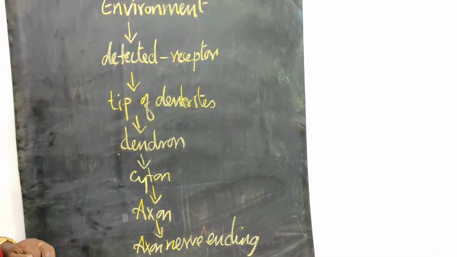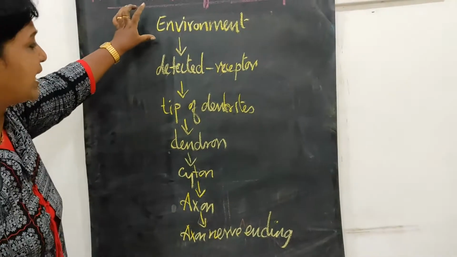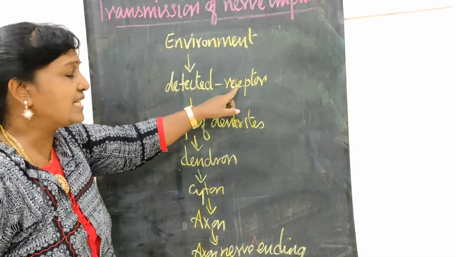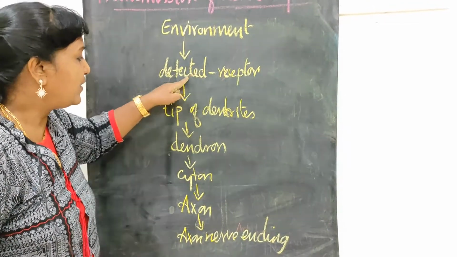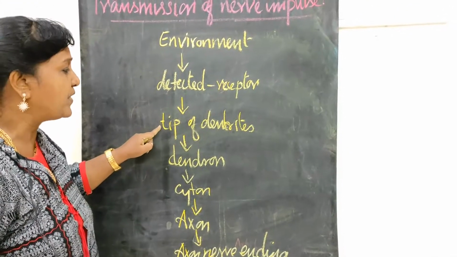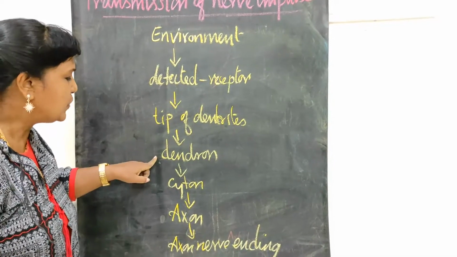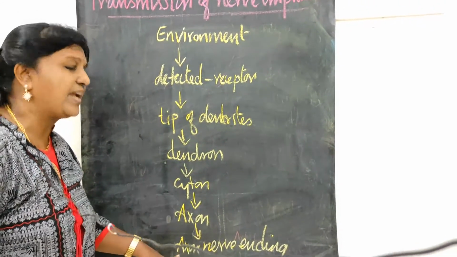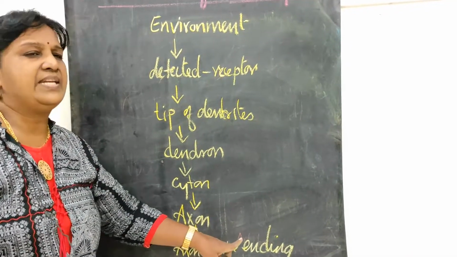Listen here. All the information from the environment is detected by the receptors, that is, the sense organs. Then first it enters into the tip of the dendrites, then to dendron, then to cyton, then axon, and finally to the axon nerve endings.